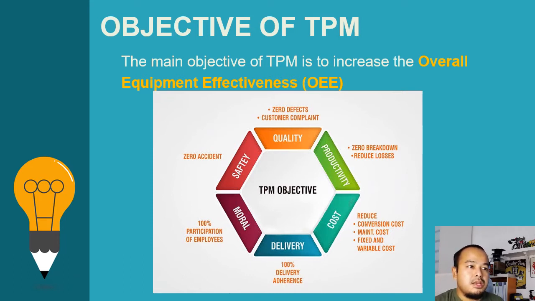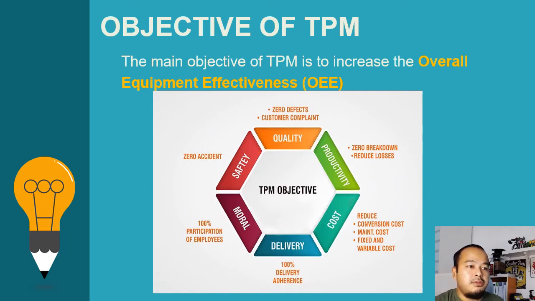So TPM objectives can be divided into several categories: quality, productivity, cost, delivery, morale, and safety. Quality means zero defect and less customer complaint. Productivity means zero breakdown, reduce losses. Cost is to reduce conversion cost, main cost, fixed and variable cost.